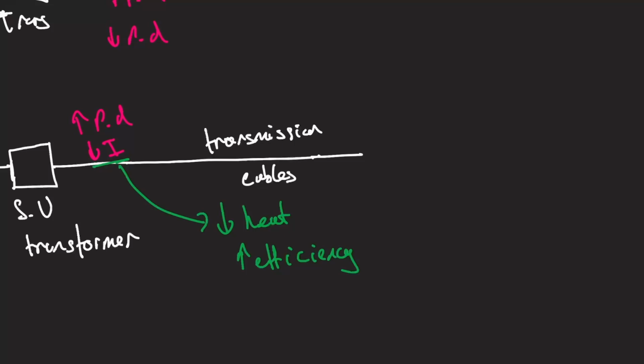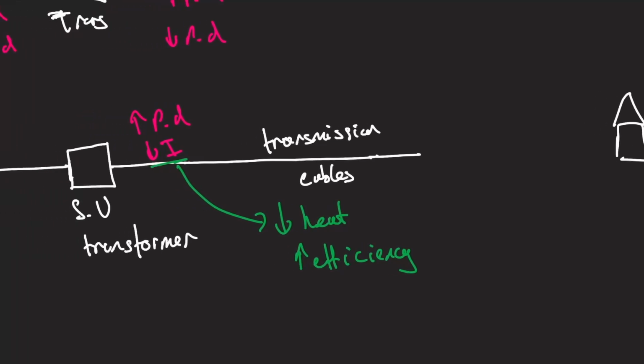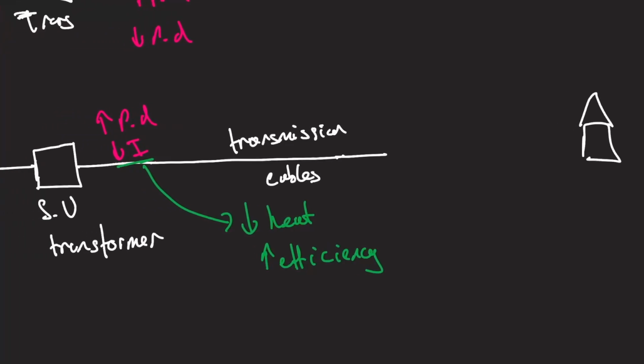Perfect. Now we get to this point where we might have some houses over here, but remember, we have a really high potential difference. Before we get to our houses, we don't want to transport that straight in, because a really high potential difference is too high, it's dangerous, and it's not useful for us. So instead we have a step down transformer, which does the opposite of our step up transformer.